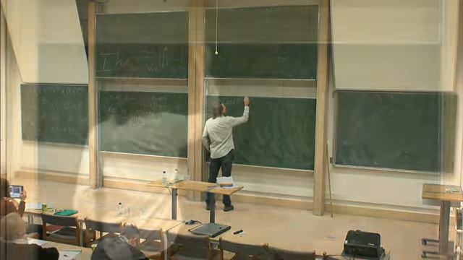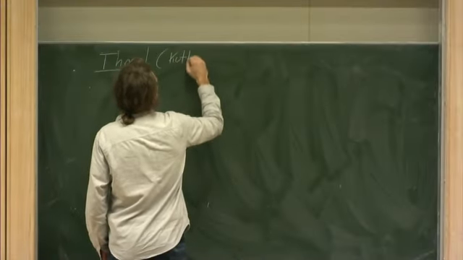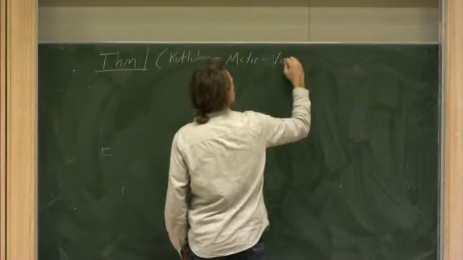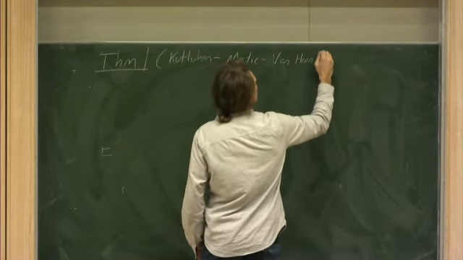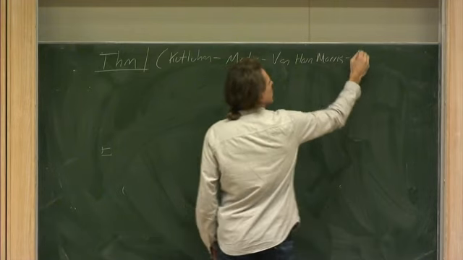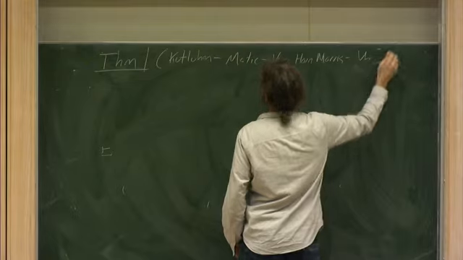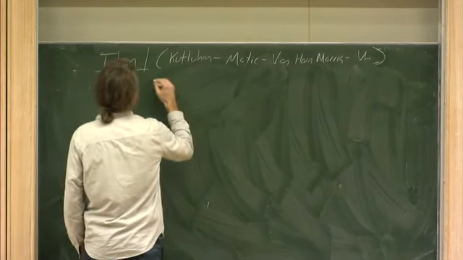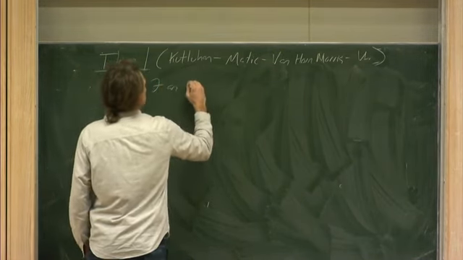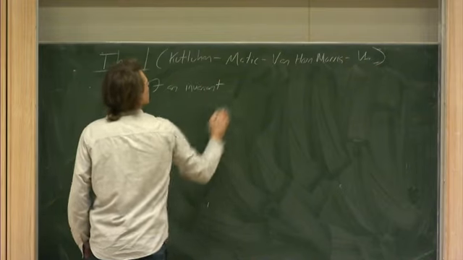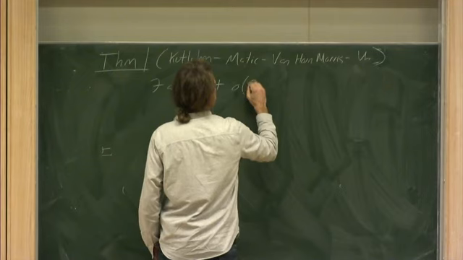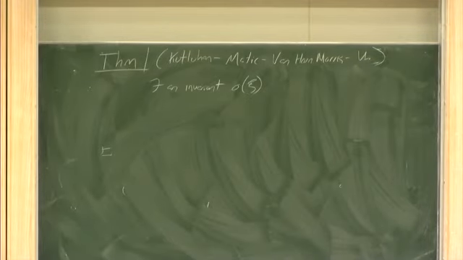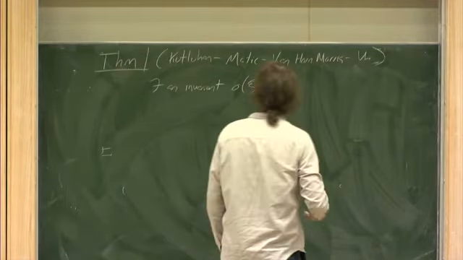So this is due to Van Horn-Morris and myself, which is that there exists an invariant of a contact structure, which these days we're calling O of the contact structure, the O standing for a spectral order, which will hopefully make sense as I go along.